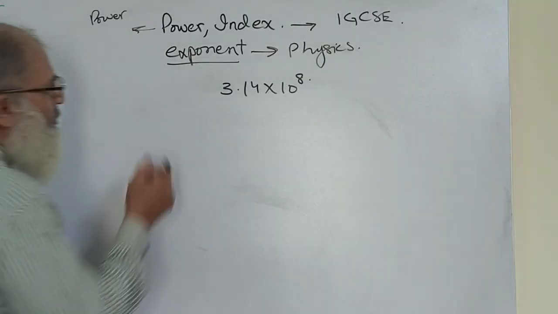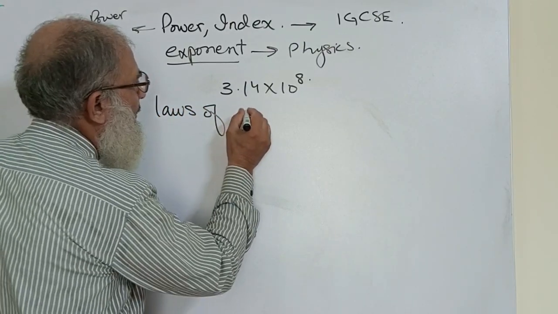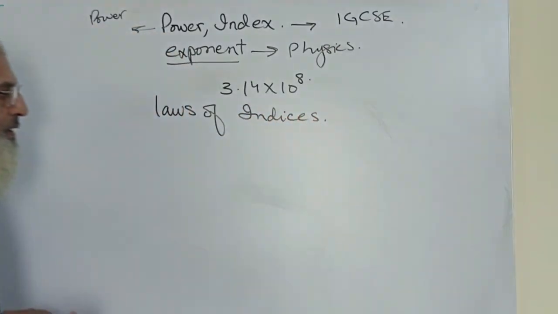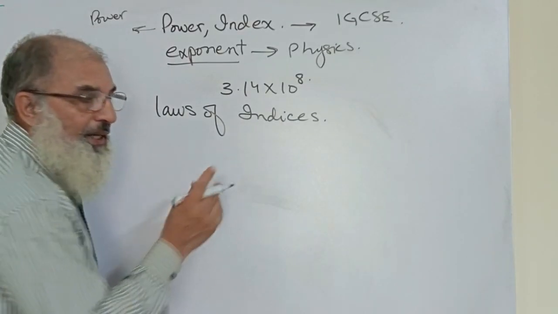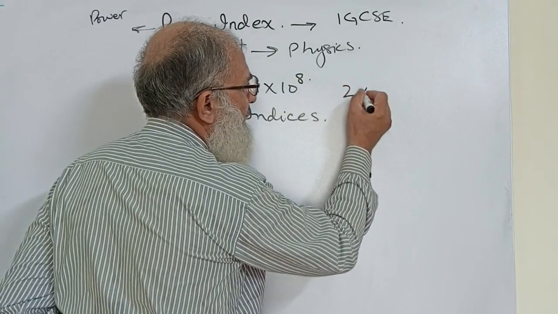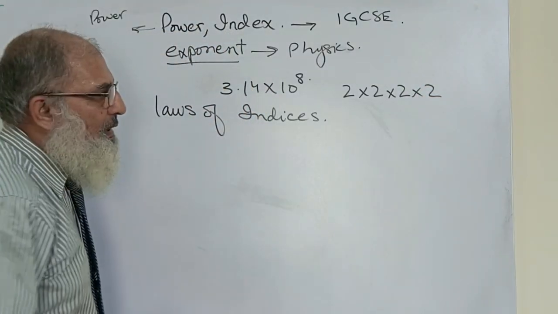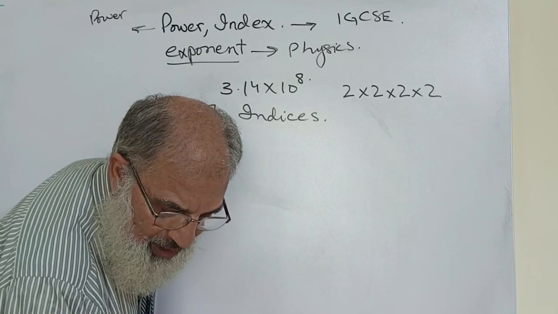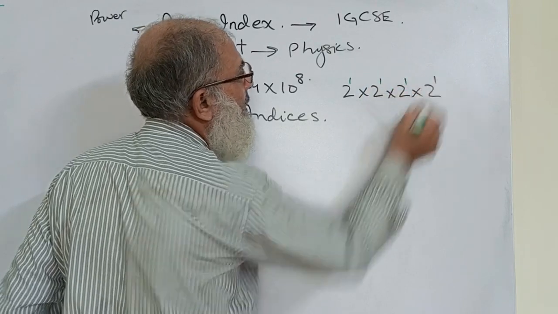Now let me discuss the laws of indices. The law is that if the bases are the same and they are being multiplied together, for example 2 multiplied by 2 multiplied by 2 multiplied by 2, each 2 is superscripted with power 1 or index 1.